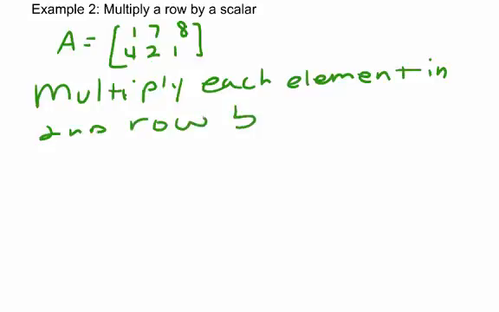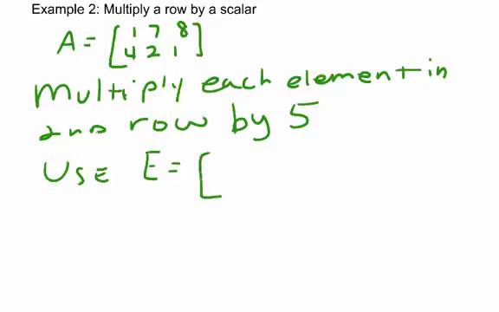So we're going to multiply each element in the second row by the number 5. An elementary matrix that will do this job is the elementary matrix E equals 1, 0, 0, 5.